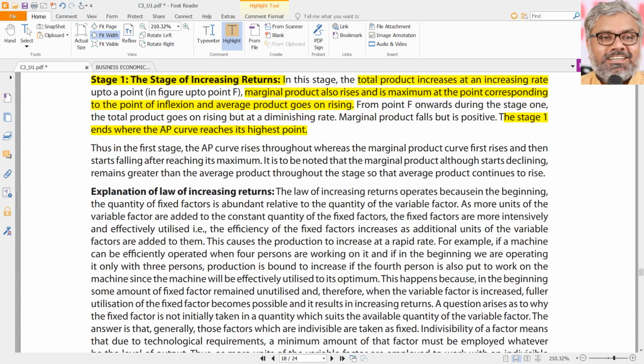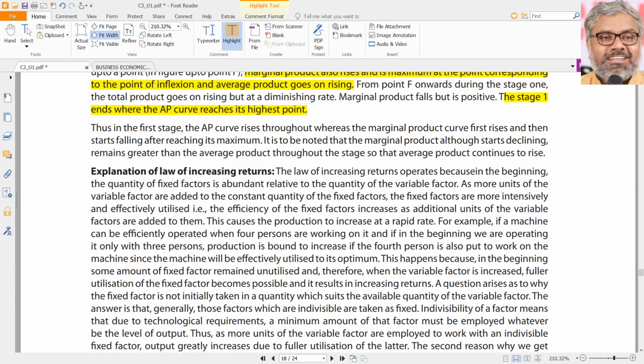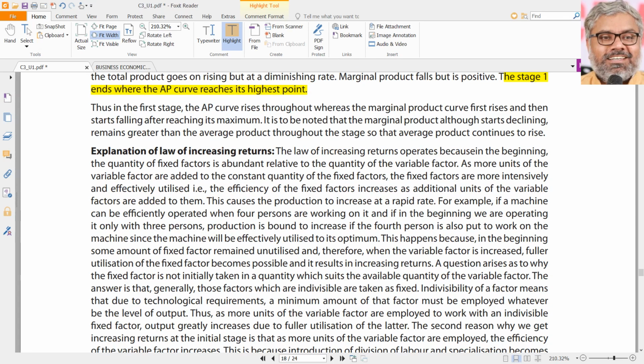So what happens in this stage? If you look at the curves, the average product curve is rising throughout this stage, because at the end of this stage it is going to reach the peak. Whereas the marginal product curve first rises and then starts falling after reaching its maximum at the inflection point.